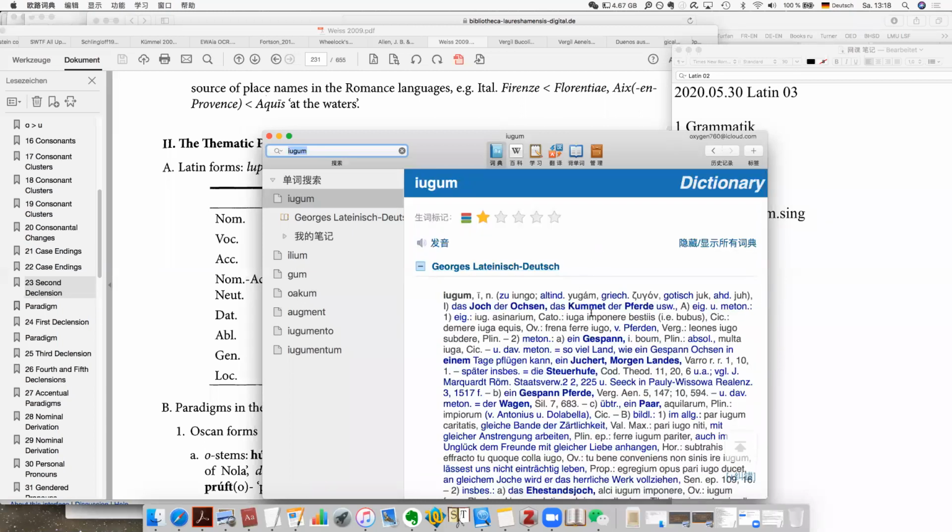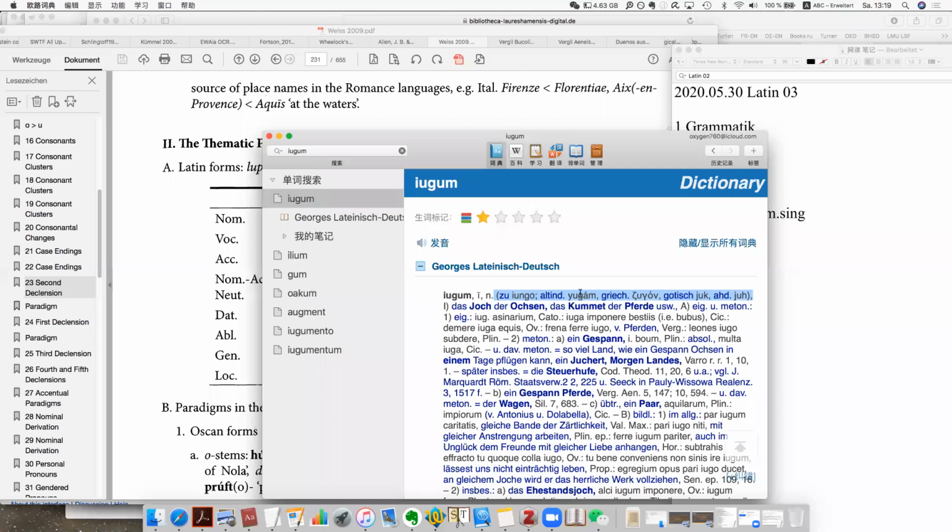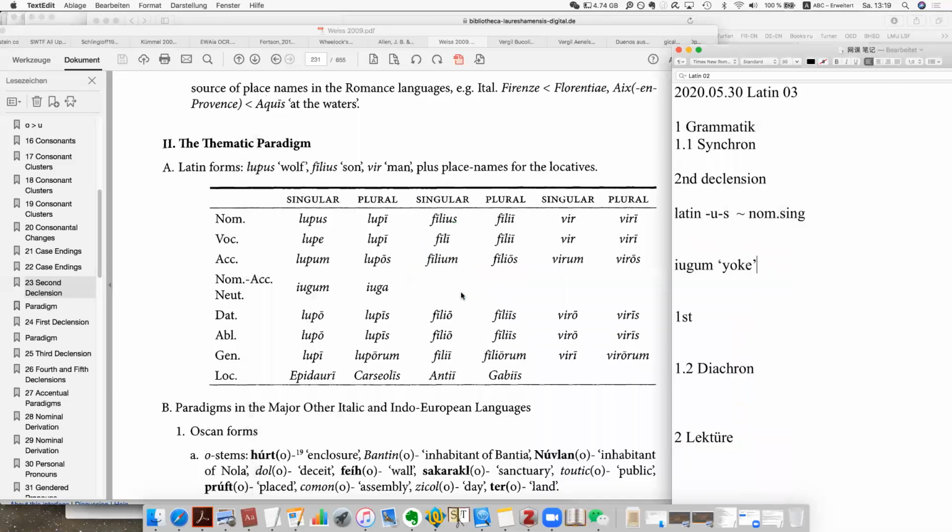You can see that it has very famous cognates like yuga. Of course, that's different from yoga. It's yuga, and the Greek is zugon, and in Gothic you have yuk, and in Old High German you have juch. So it's pretty famous, and you see that it is a neuter.